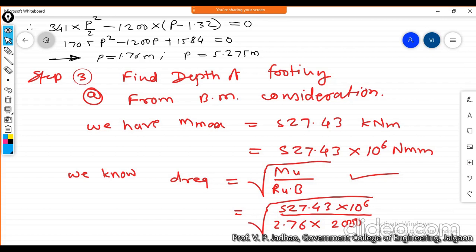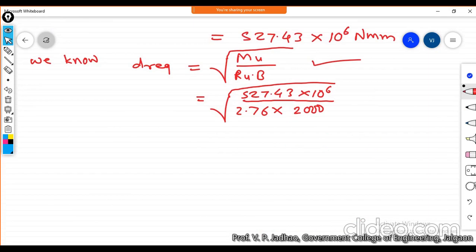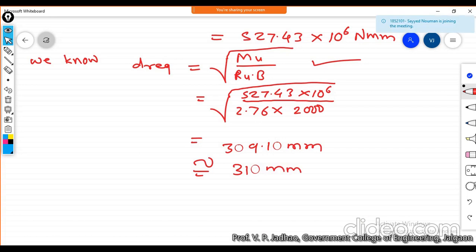So we get d required equal to 309.10 mm. Let us consider this approximately equal to 310 mm. So we have calculated the required depth of our footing from the bending moment consideration. Okay, so shall we stop here?